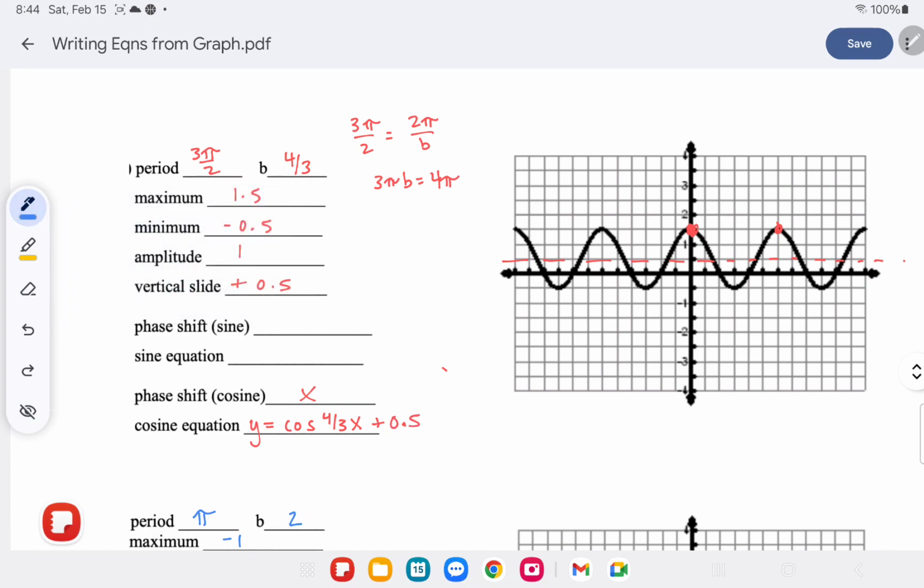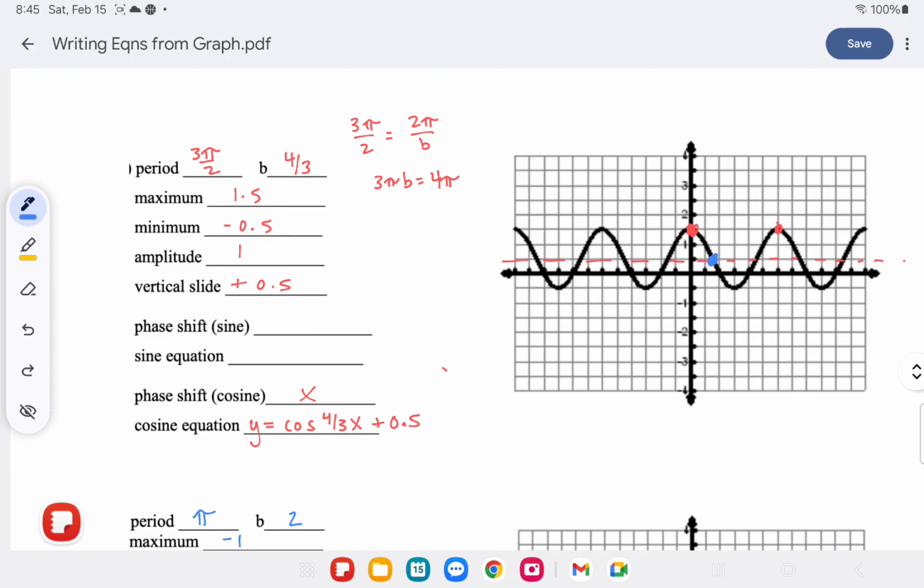If I am writing a sine function for this, sine functions typically start at the midline, which is right here in this case. Hard to see exactly where that is, so let's talk about this for a second. Within a period, things change 4 times. A sine graph goes from midline up, midline down.